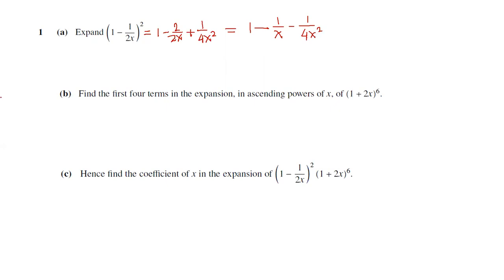1b. Find the first 4 terms in the expansion in ascending powers of x of (1 plus 2x) power 6. Okay, 4 terms.